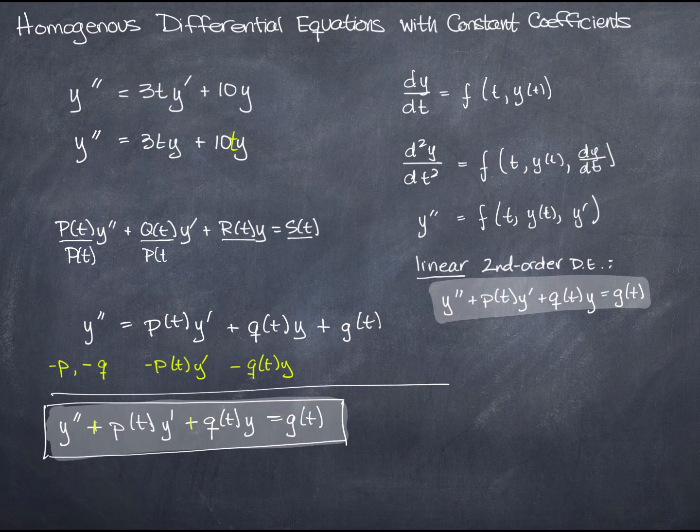And you'll notice here I've used capital letters instead of the lowercase letters I was using before. And then I just define Q divided by P is little p. So now this rational function equates to this p of t. And this rational function, right, I can define R over P to be little q. So now I have this function equating to this function, and so on.